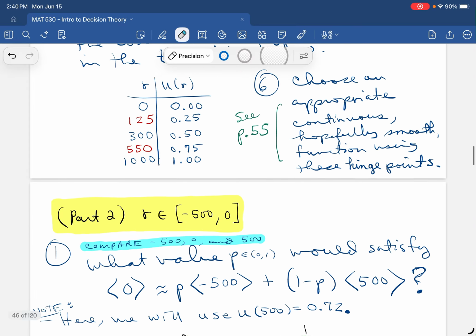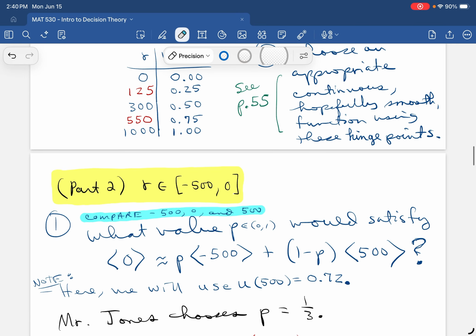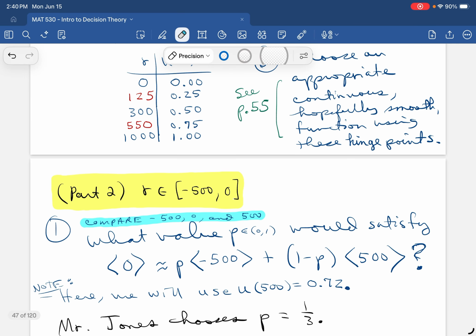All right, so the next part is, what about rewards that are negative? What about the interval where he loses $500 up to the value 0? To get started with this, let's compare negative 500, 0, and 500.